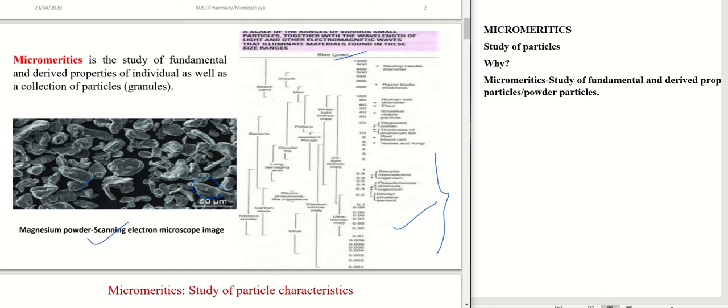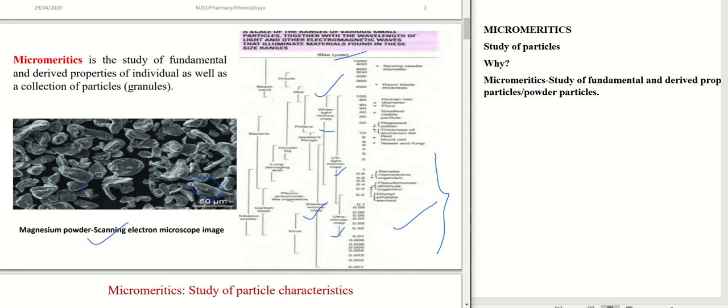Here, these are the various microscopic techniques like white light microscopy, UV light microscopy, ultramicroscopy, electron microscopy. These are the various methods or techniques by which we can study particle sizes of different ranges.